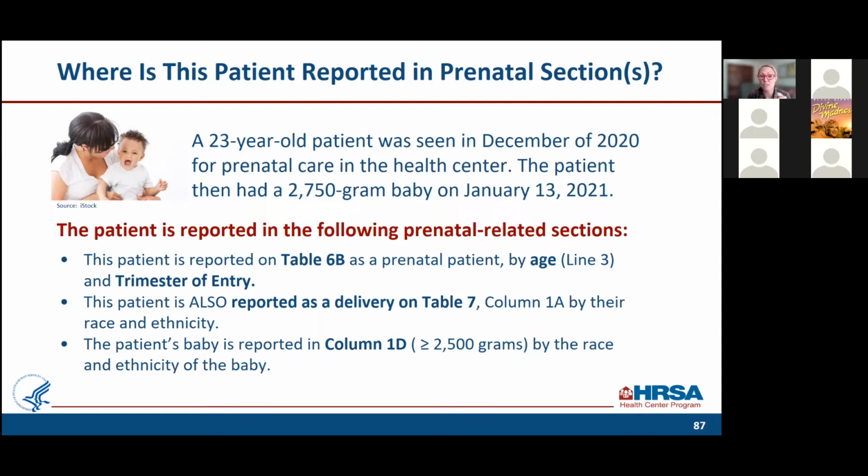And then the patient's baby would be reported in column 1D by their weight, greater than 2,500 grams, and by the race and ethnicity of the baby. So if you were looking in your tables, those are all the places where that patient would be reported in the prenatal sections.